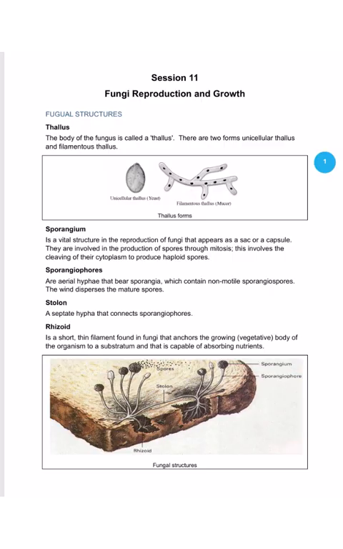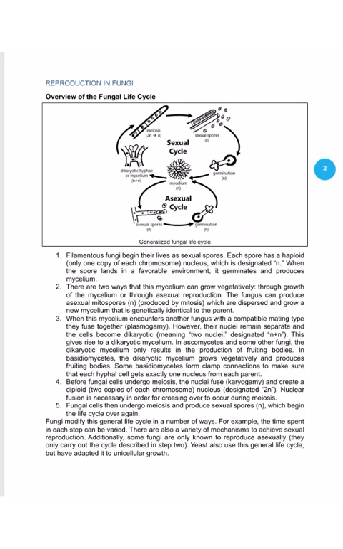Next, we are going to speak about the reproduction in fungi. As for the reproduction of fungi, we are going to have an overview of the fungal life cycle. There is a minimal difference in the life cycle between the different genera of the fungi, but they have a general life cycle where there is a similarity between the different genera.